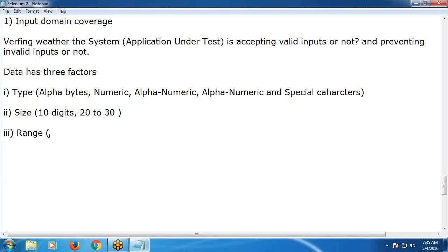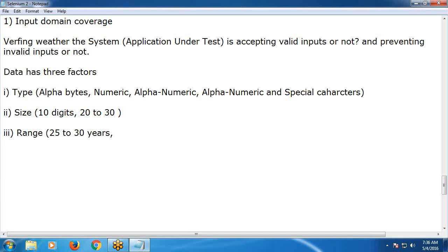Suppose in insurance applications, suppose 1 lakh policy premium amount, 25 to 30 years of age. Suppose the applicant age, policy holder age, is between 25 to 30 years, then premium amount is 2000. 30 to 35 years, premium amount is 4000. 35 to 40 years, premium amount is suppose 6000.